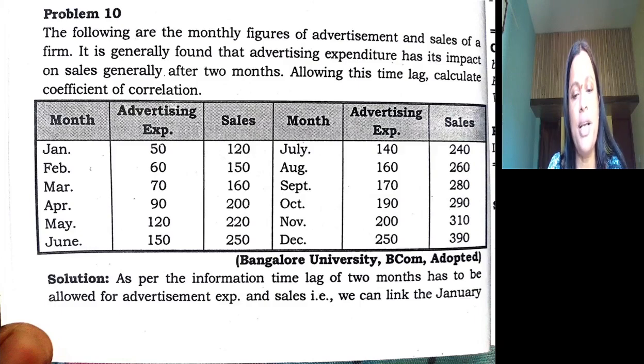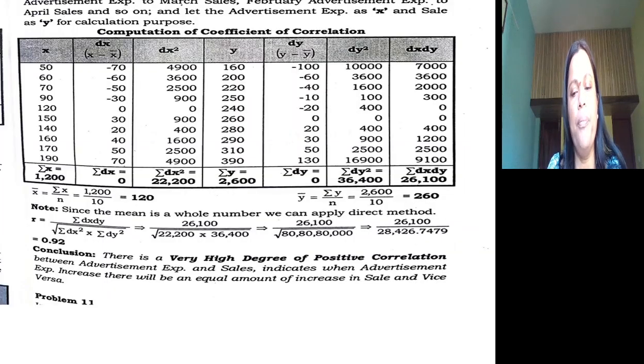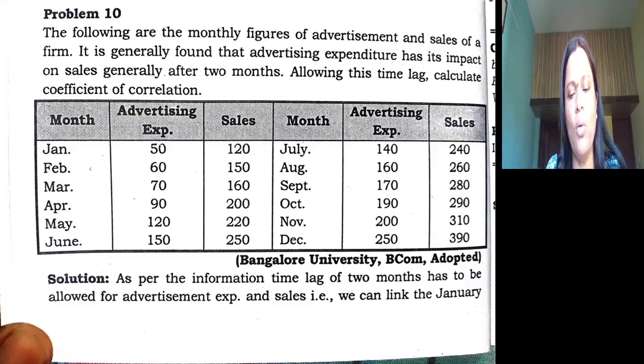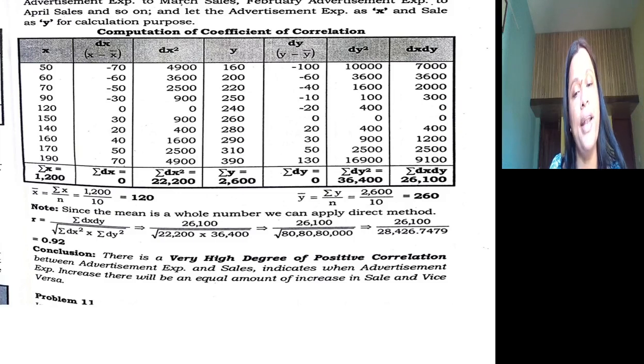So advertisement expenses are given: 50, 60, 70, 90, 120, 150, 140, 160, 170, 190, 200, 250. So totally January to December, 12 months of advertisement expenses are given. But these advertisement expenses have impact on sales when?